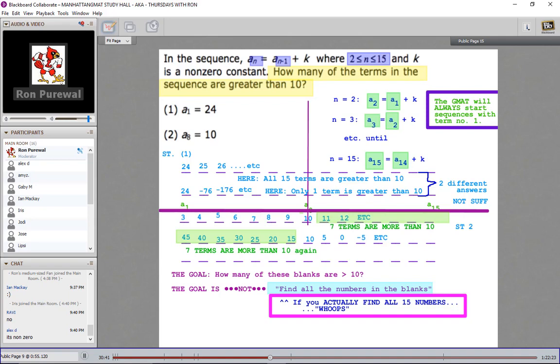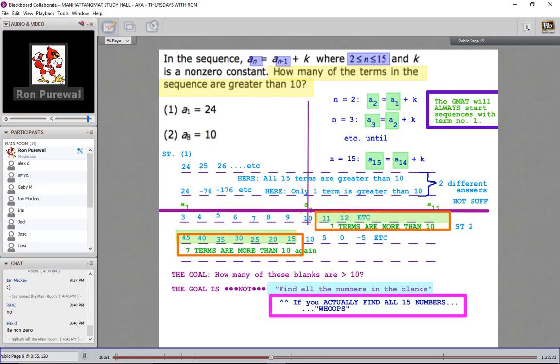If you need to try more cases to really be confident about this, then try extra cases if you have to. But every single time it's going to do one of these two things. Look at that, it's sufficient. It's always going to be exactly 7 terms greater than 10.